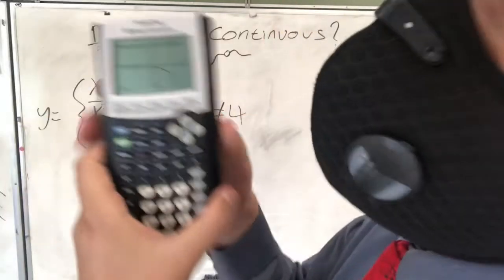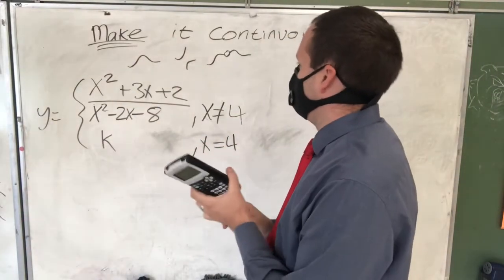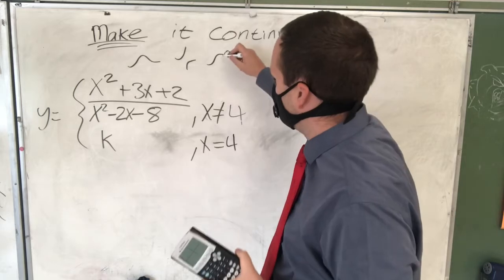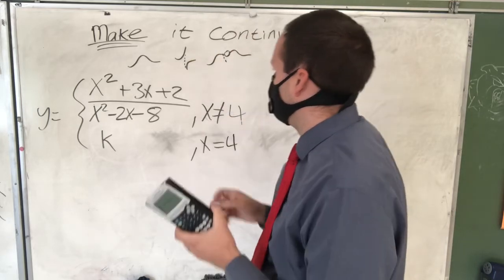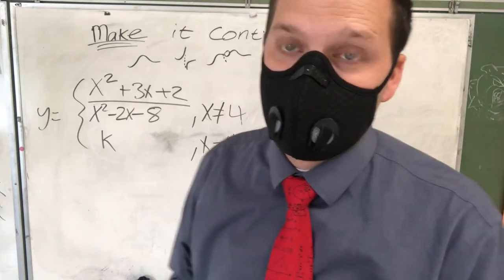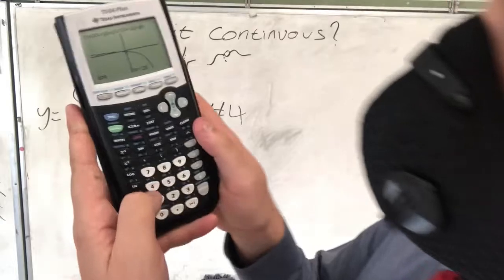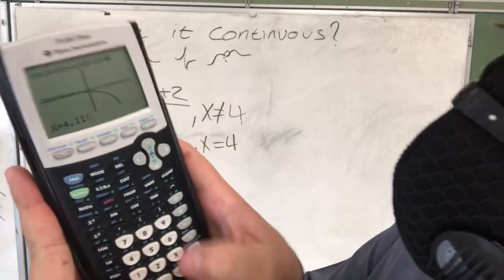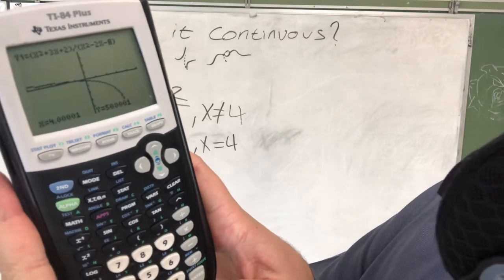If it's either of these, if I type in an x value that's really, really close to the hole, or really, really close to the asymptote, so just barely off, so instead of being 4, maybe like 4.001, it's going to give me an idea of what's happening. So I'm going to type in 4.00001, and I get 500,001.